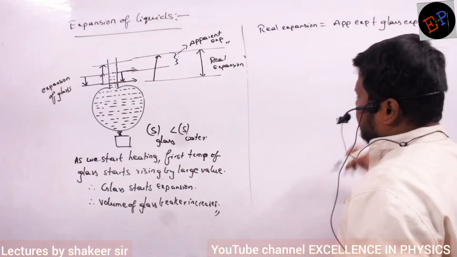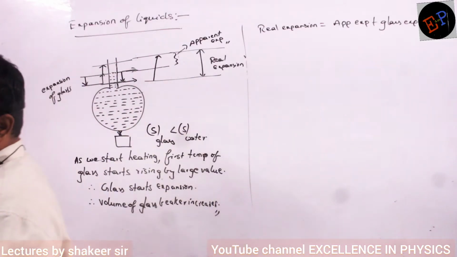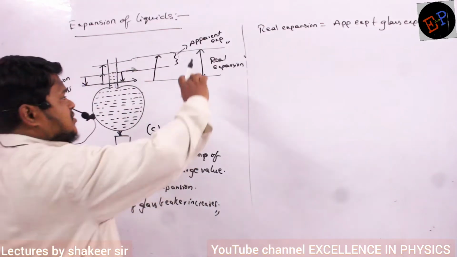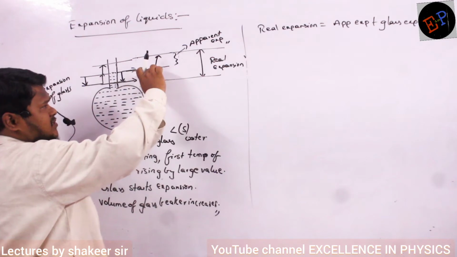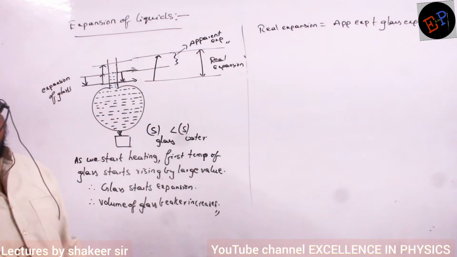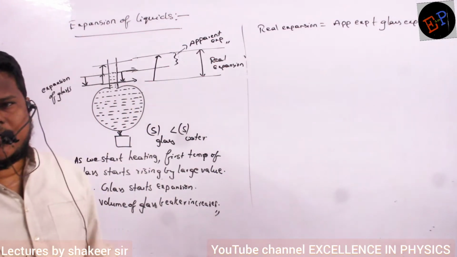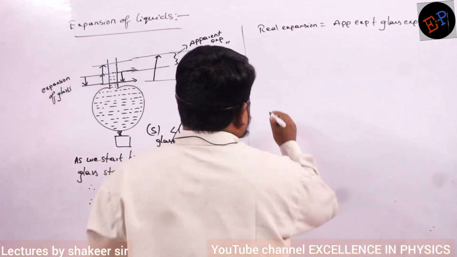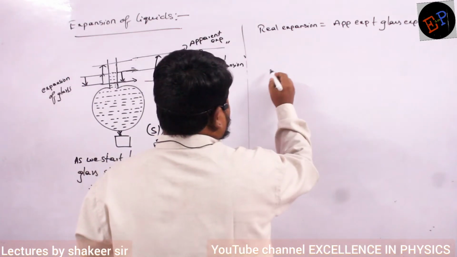This is what we write. I can write like this. This is total real expansion, sum of glass expansion plus the apparent expansion, expansion which you see with your naked eyes.